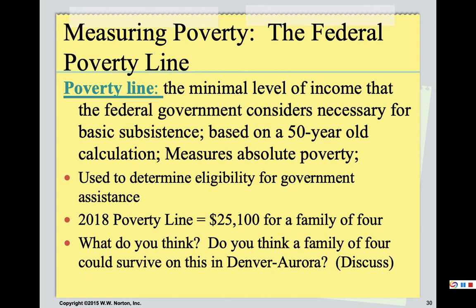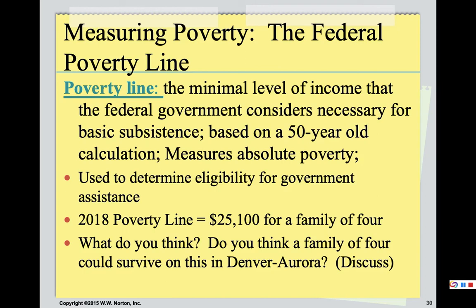So if you make just above the poverty line, I don't think your life is significantly different than if you make just below it. It's still really, really difficult and a struggle. But if you make just above it, you're not poor per the government. But if you make just below it, you are considered poor.